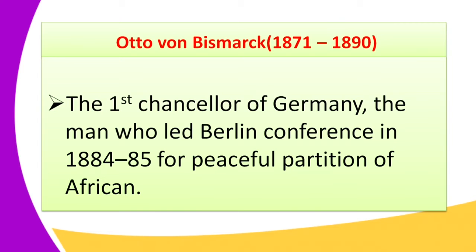This man is Otto von Bismarck, and Otto von Bismarck lived between 1871 and 1890. This is the time that he played a very great role. And he was the first Chancellor of Germany.